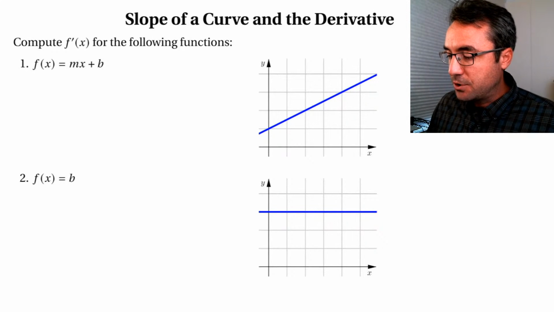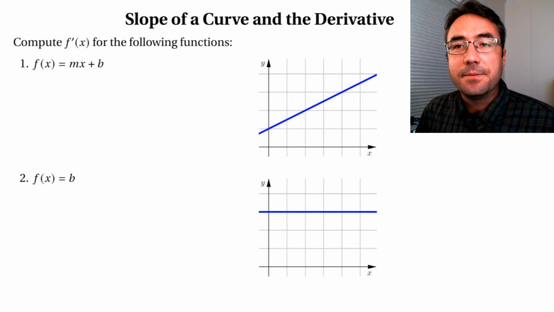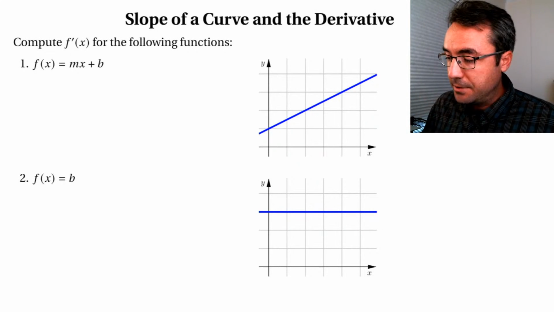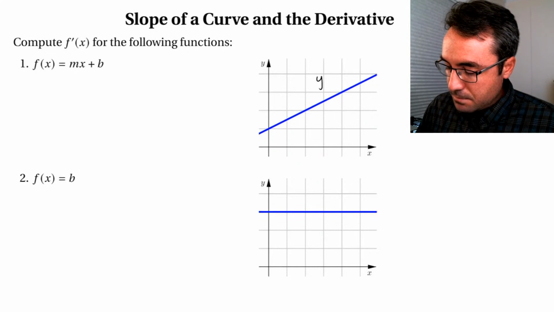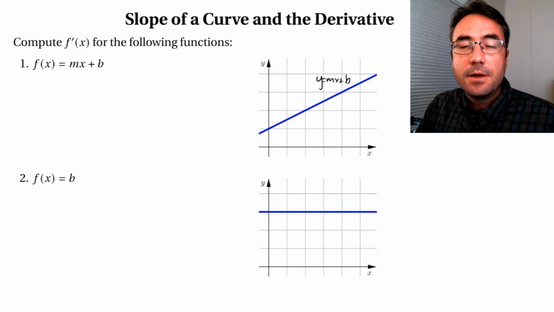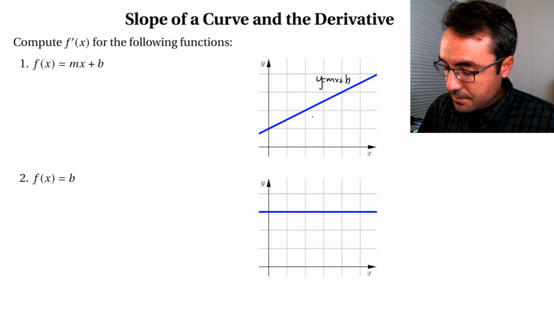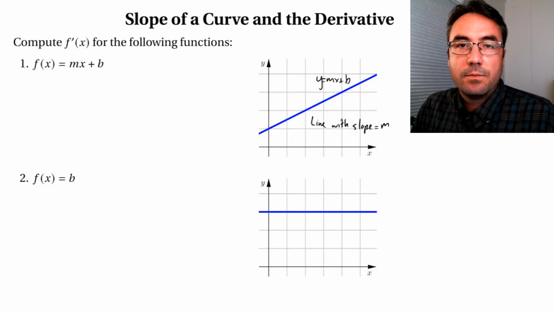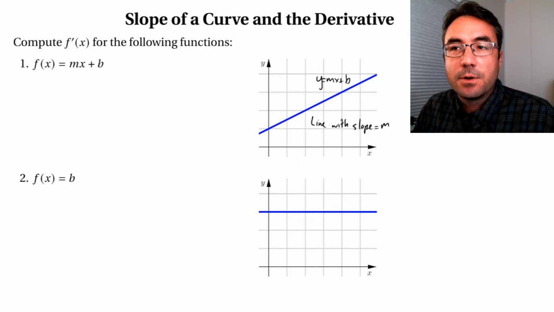But we're going to do it conceptually. For the first one, f of x equal to mx plus b, if we were to graph that function, as we've done over here, the graph is just a line. It's written in mx plus b form, so that m value is our slope.